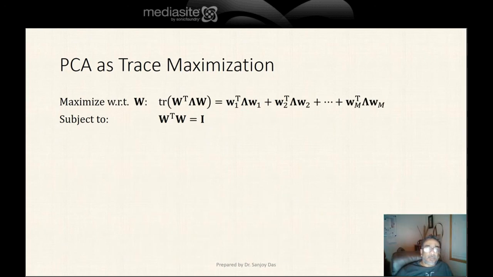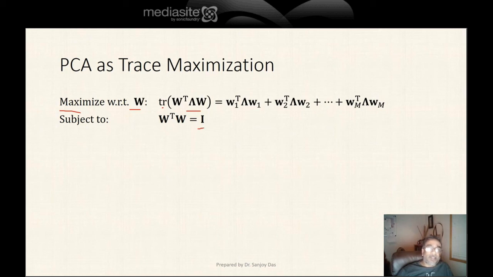these observations lead to a reformulation of PCA as a problem of trace maximization. So we want to find a matrix uppercase W whose columns are lowercase w's, the directions that we are looking for, in such a manner that the trace of W transpose lambda W is to be maximized, and the constraint is W transpose W is equal to the identity matrix.